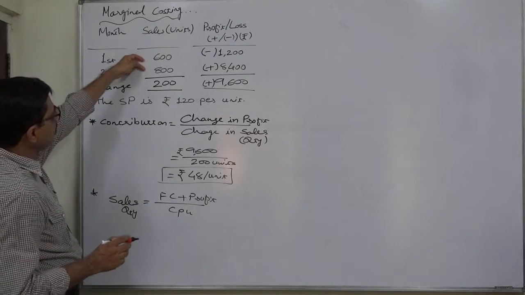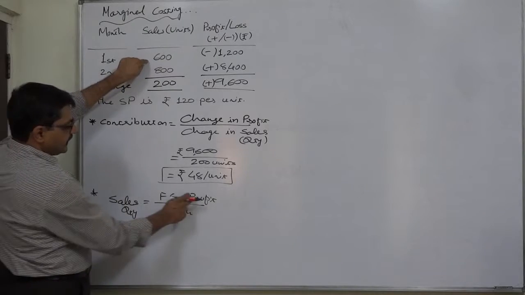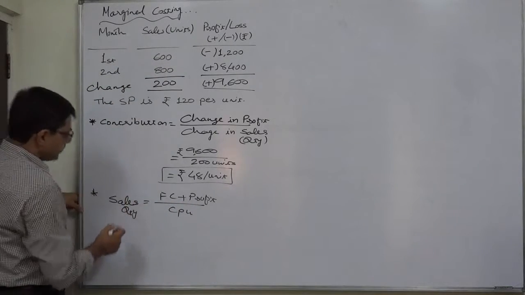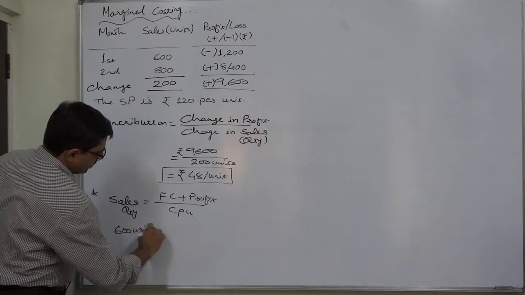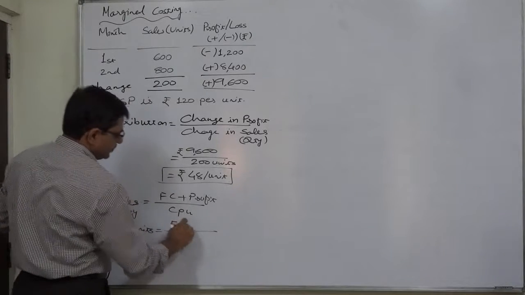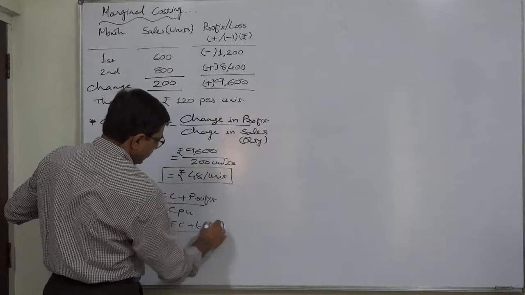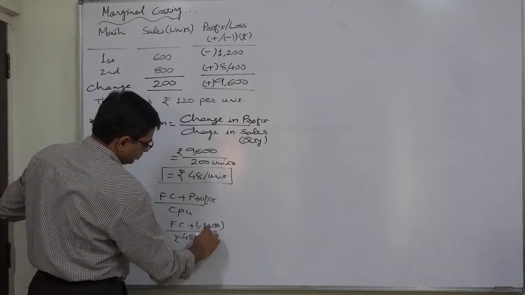We can take any of these two, but we have to maintain the pair of sales and profit. So let us take the sales and profit of first month. 600 units equals to fixed cost, which is missing, profit is minus 1200, and contribution is 48 rupees per unit.